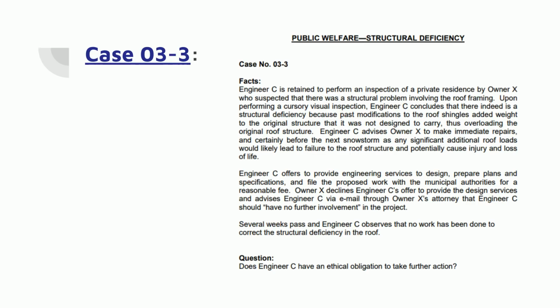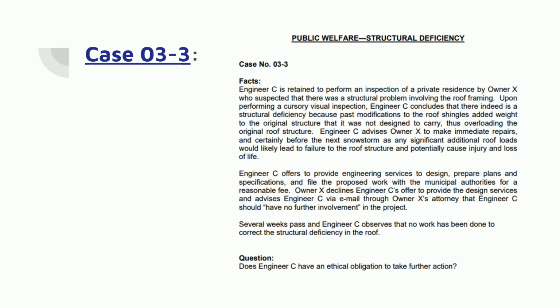This is 2003, the third case of 2003. The facts in this case are as follows. Engineer C is retained to perform an inspection of a private residence by owner X, who suspects that there's a structural problem involving the roofing frame. Upon performing a cursory visual inspection, Engineer C concludes that indeed there is a structural deficiency, because past modifications to the roof shingles added weight to the original structure that it was not designed to carry, thus overloading the original roof structure.